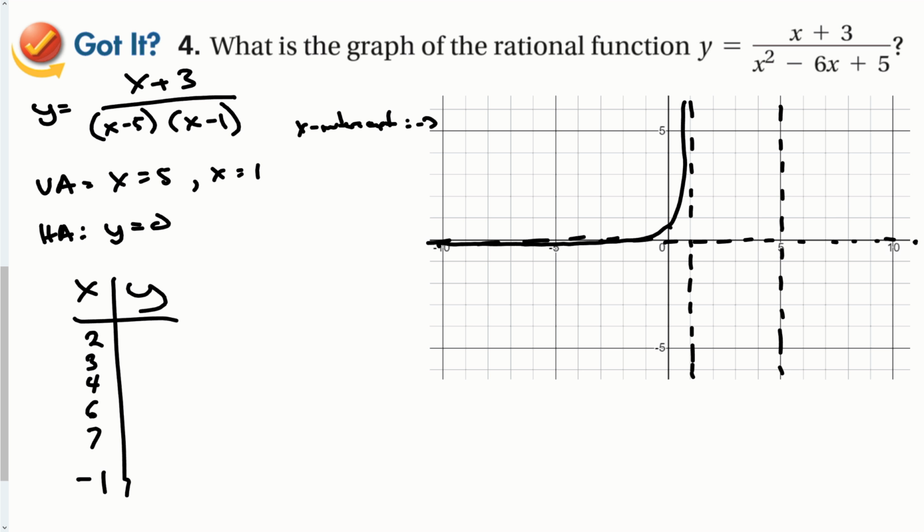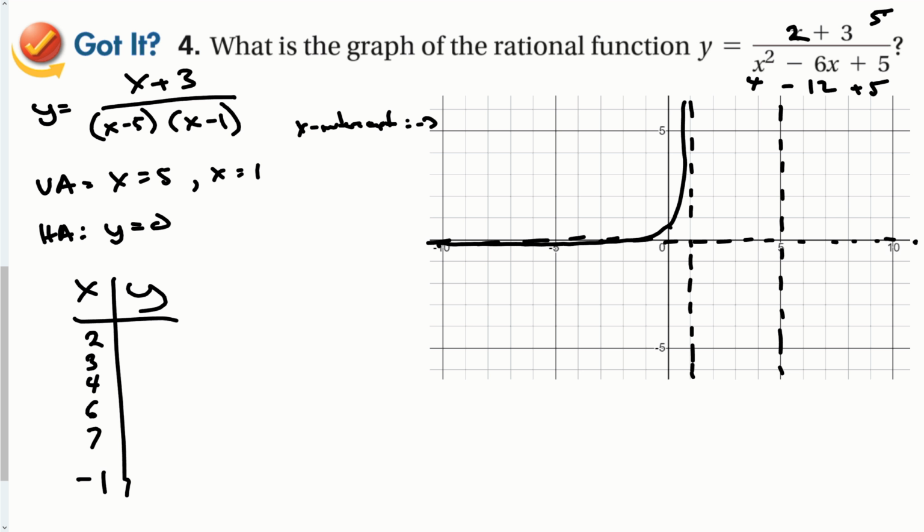All right, let's get a couple of these points in here. If we plug in 1, we're going to get 1 minus 6, so it's going to be 4. Oh, -1. 1 is our asymptote. 2 we want to plug in. So let's plug in 2. That's 5 over 4 minus 12 plus 5, and we get -3.